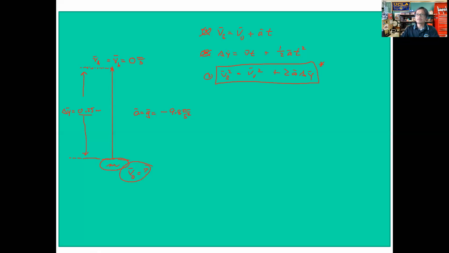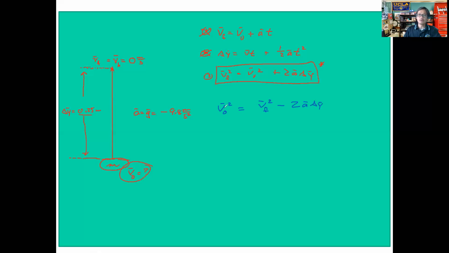So good. Now that we've gone through that process, let's plug it in and solve. Taking this equation, we have to rearrange it to solve for v initial. V initial squared is going to be equal to, that means we subtract 2a delta y from both sides, v final squared minus 2a delta y.